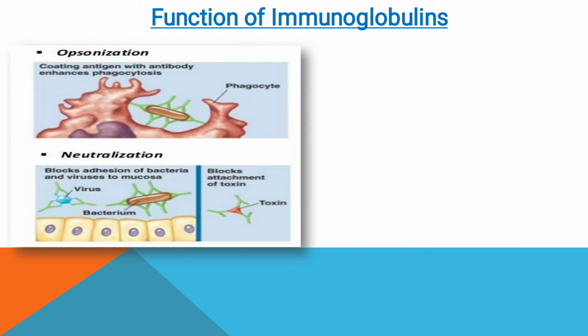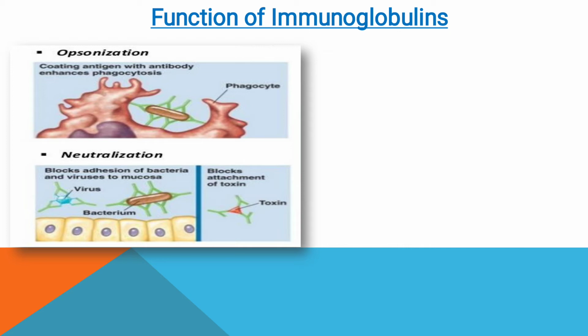It involves the binding of an opsonin, for example an antibody, to an epitope on the pathogen, and after the opsonin binds to the membrane, phagocytes get attracted to that pathogen and help in phagocytosis.